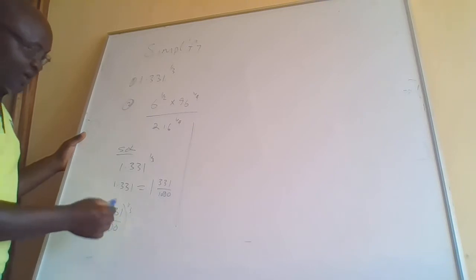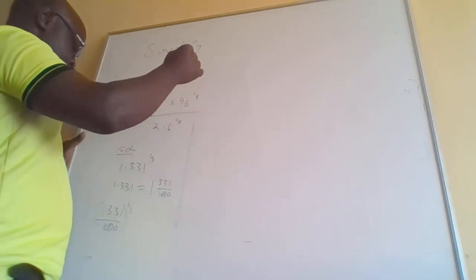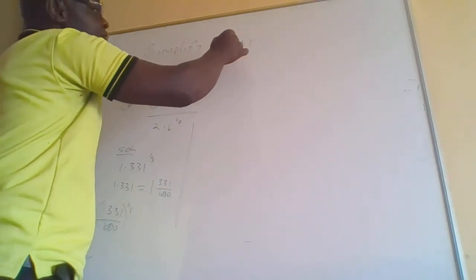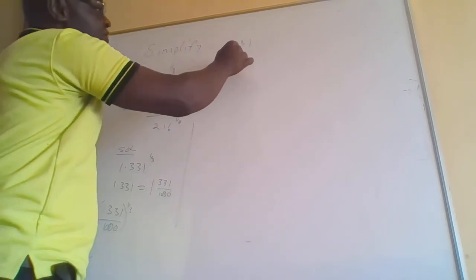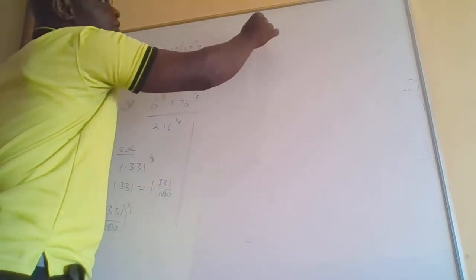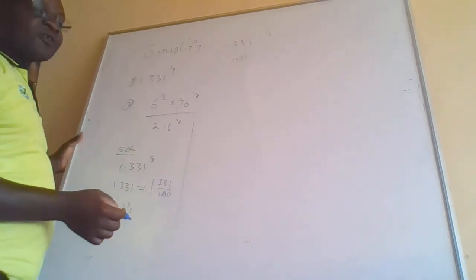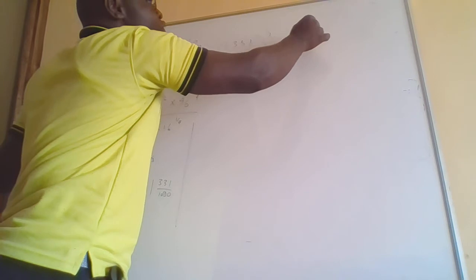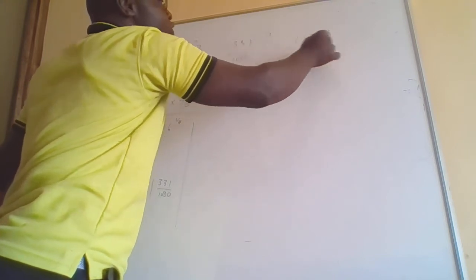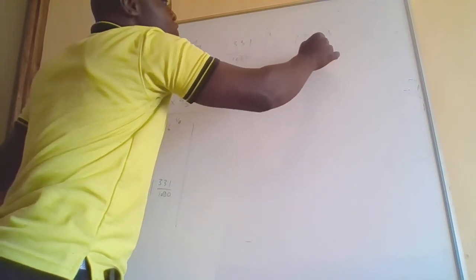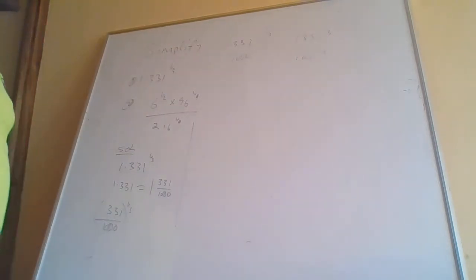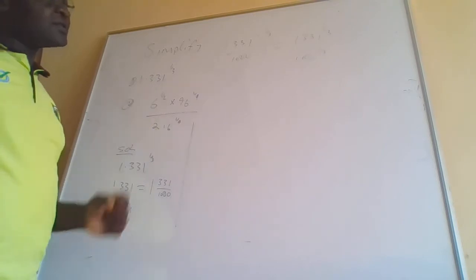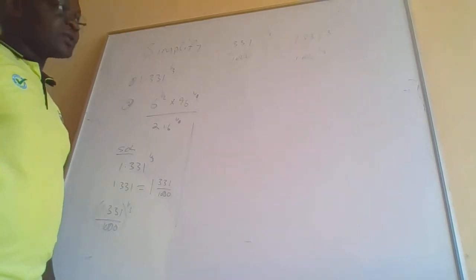We can also write this as 1,331 over 1,000 raised to 1 over 3. This is the same as 1,331 raised to a third, and all over 1,000 also raised to a third.